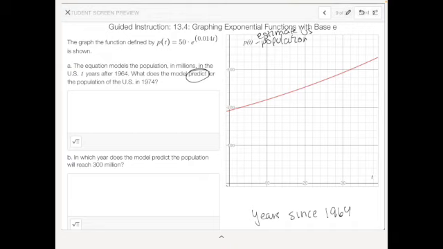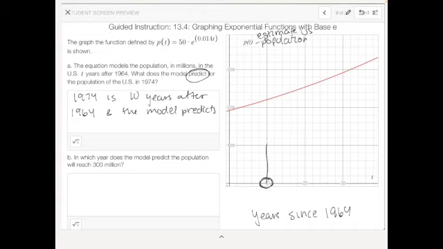So 1974 is 10 years after 1964, and the model predicts. I'm going to look at my graph, looking for 10 years after 1964. I want to know what y value the graph gives me 10 years after.